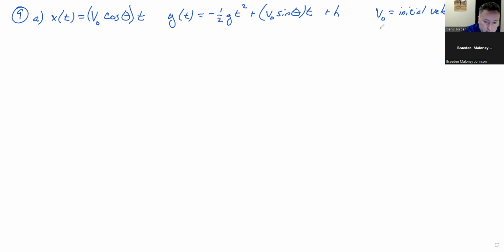Right, can't do the rest of the problem. Your theta, that's your launch angle, or the angle you throw it, launch it, shoot it, whatever you do. And then the g, remember what that was?